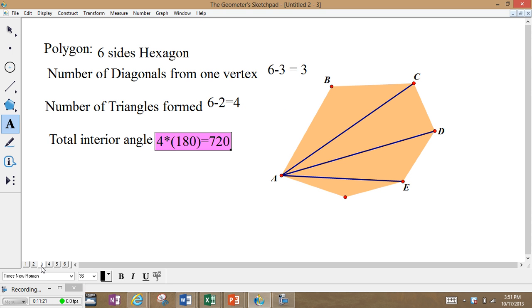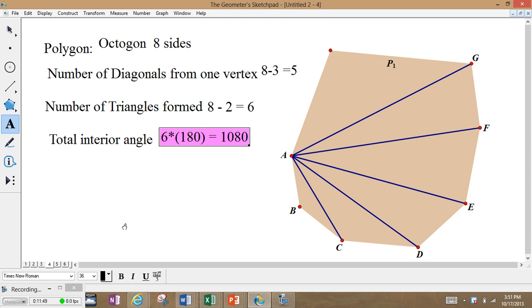Then we look at the hexagon, with 6 sides. Drawing the diagonals from one vertex, we have 6 minus 3, or 3 diagonals from each vertex, separating it into 4 triangles, or 2 less than the number of sides. Each triangle has an angle measure of 180, so 4 times 180 gives us 720.